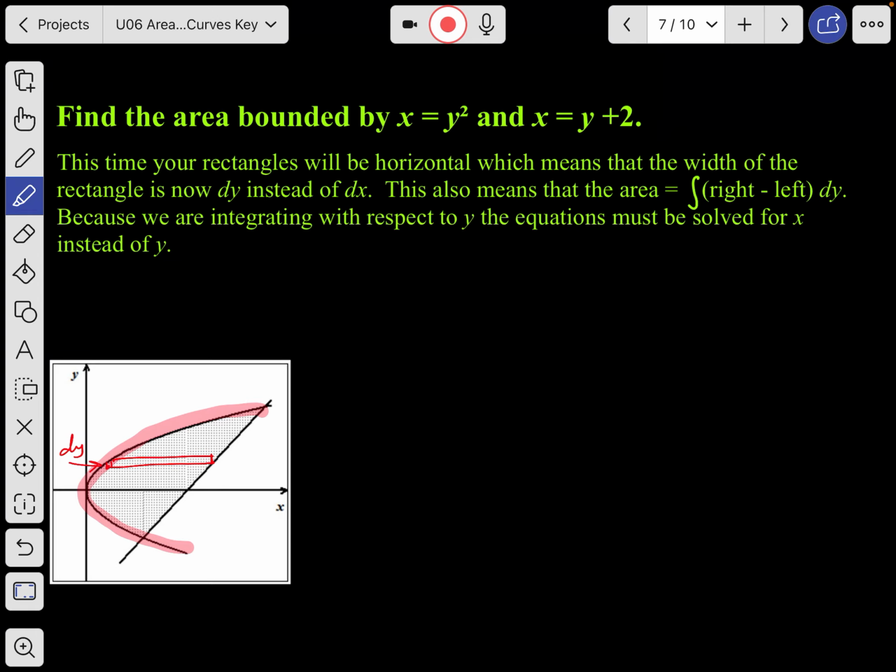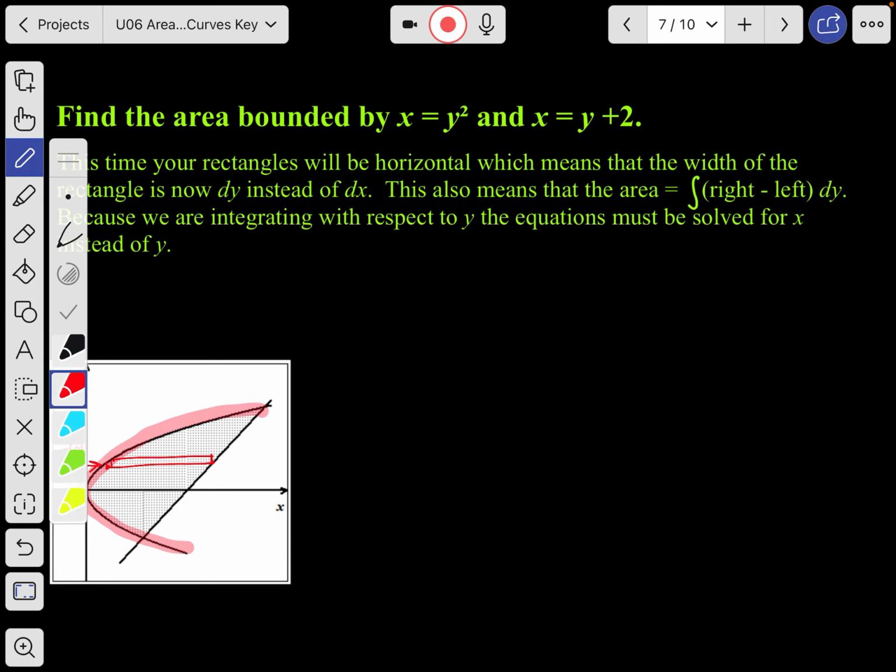All right, so if we have horizontal rectangles, we need to integrate with respect to y. And so our boundaries are going to be y values. So let's go ahead and solve for those y values.